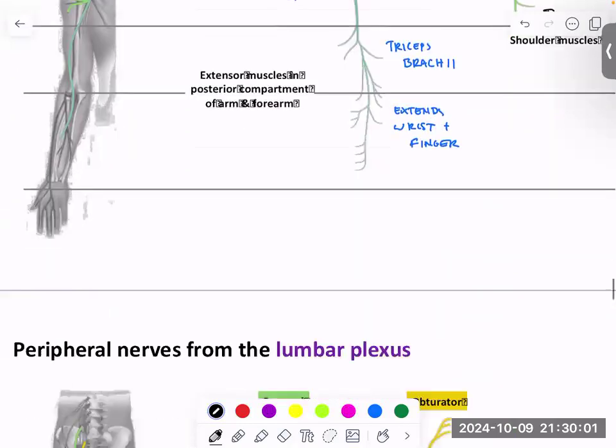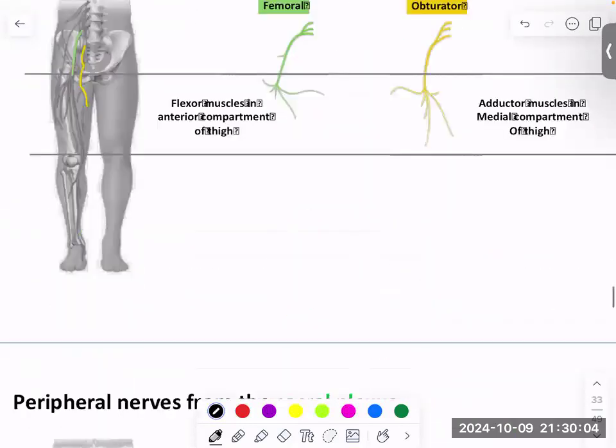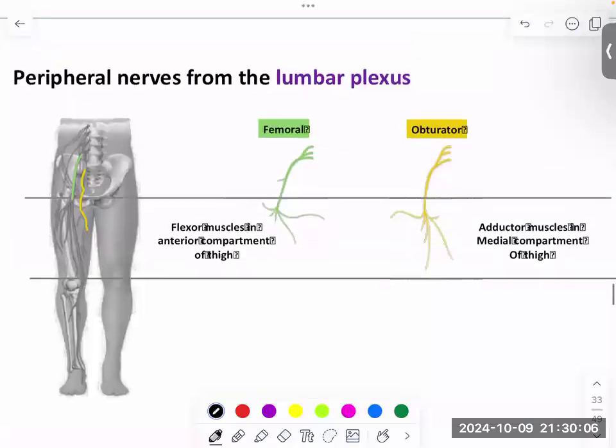Lumbar plexus. I think I'm only making you do two. Sweet. Only two. Interestingly enough, they both have the same roots. L2, L3, L4, L2, L3, L4. But they come together and they become different nerves that power completely different areas.